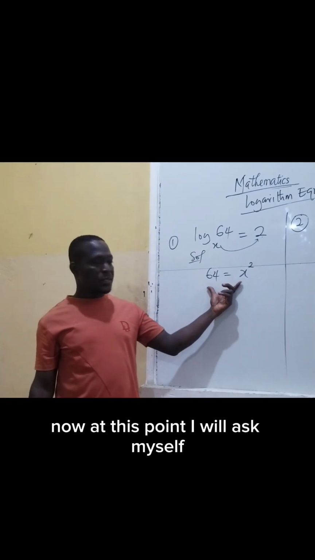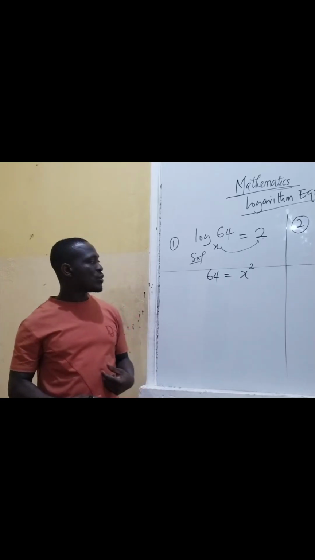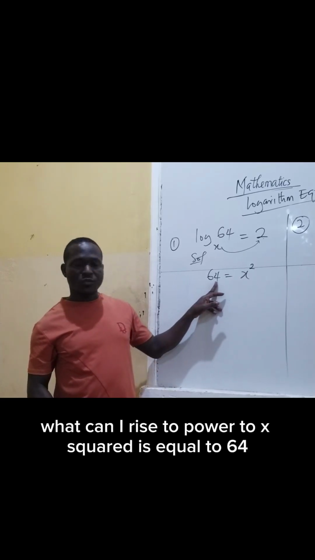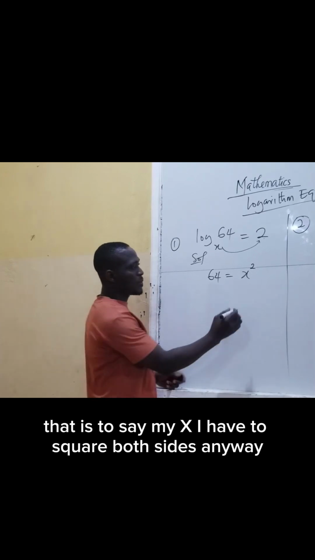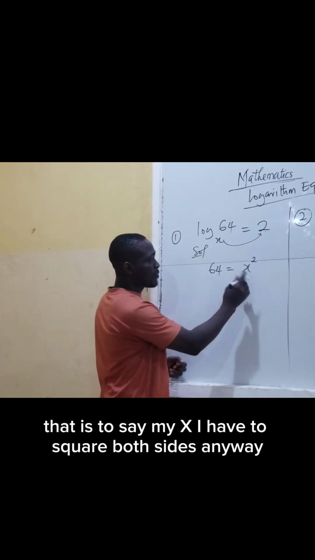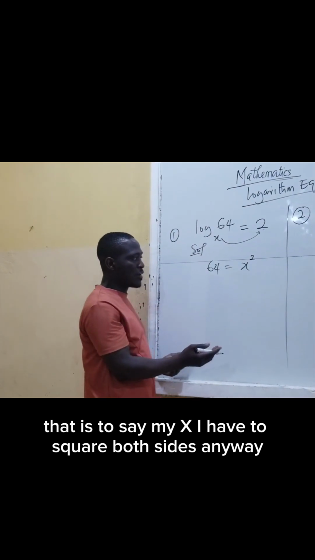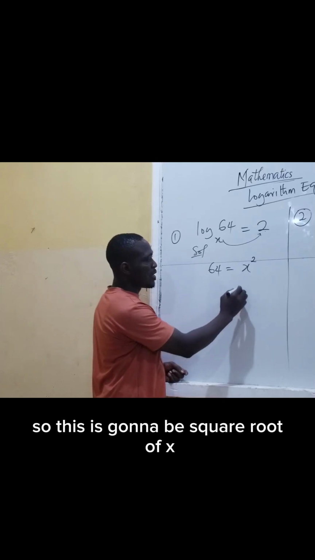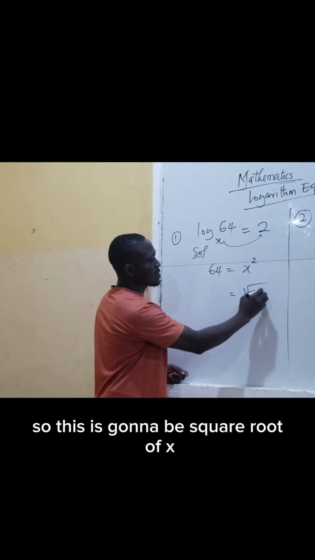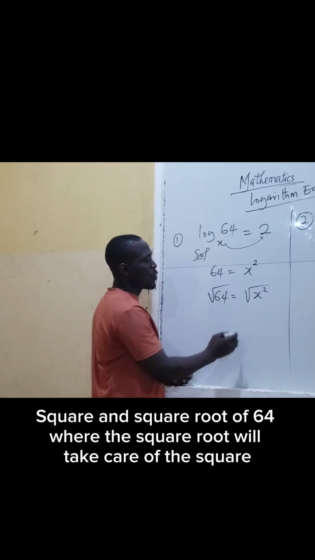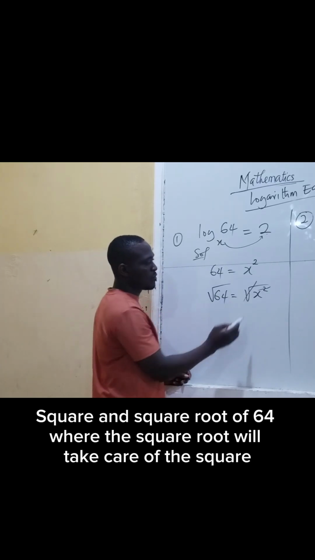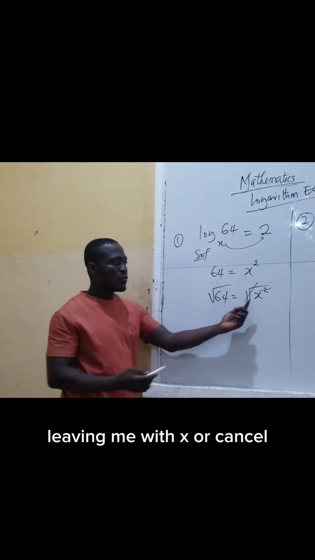Now, at this point, I'll ask myself, what can I raise to power 2? x squared equals 64. That is to say, I have to square root both sides. So this is going to be the square root of x squared and the square root of 64, where the square root will take care of the square, leaving me with x.